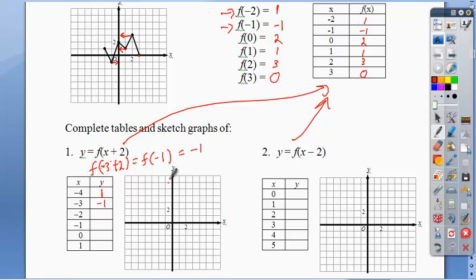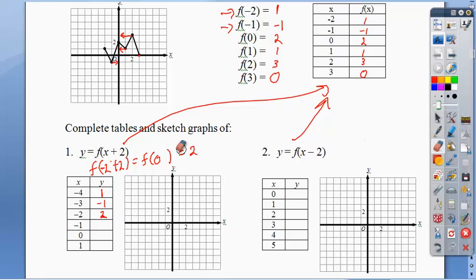As you do these, you should start noticing that basically the numbers we have in here, -2, gives me a value of 0, which gives me a value of 2.